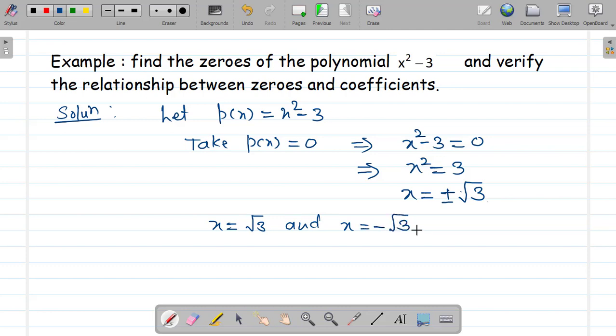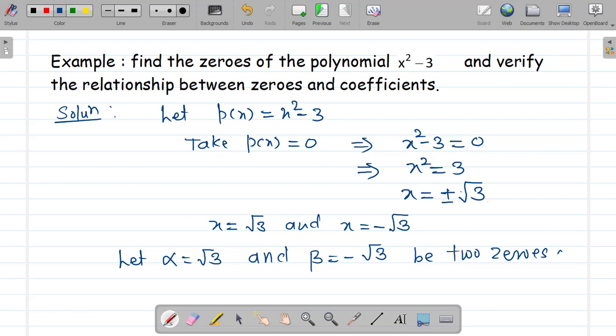So we have found the zeros. Now we will verify the relationship. So let again alpha be equal to under root 3 and beta be equal to minus under root 3, the 2 zeros of p of x.